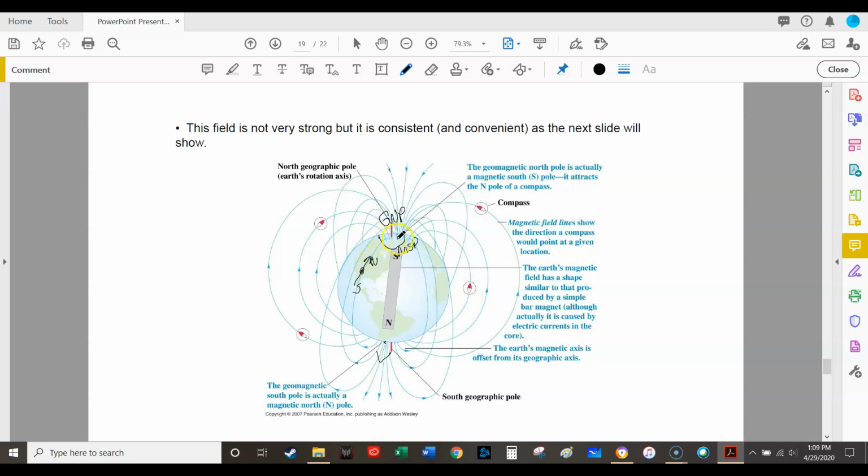And that means it's pointed towards the South Magnetic Pole on top of the Earth. And so that's the reason why when we're walking around in Arizona, our compass needle is pointing up and to the right. And it's just pointed along the magnetic field lines.